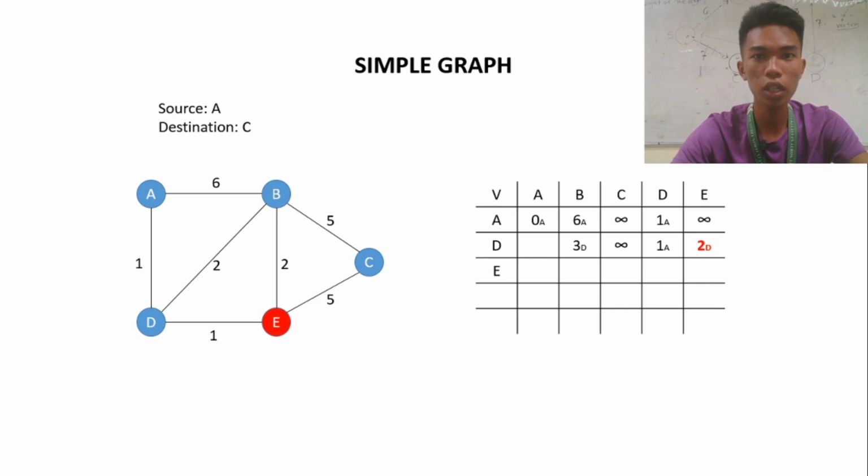Visit the reachable vertices in natural order, so it will visit vertex B. Add the distance of vertex B coming from E, and the answer is 4.